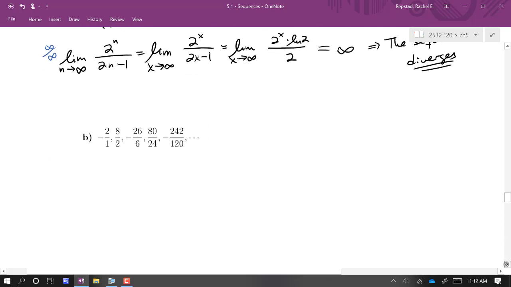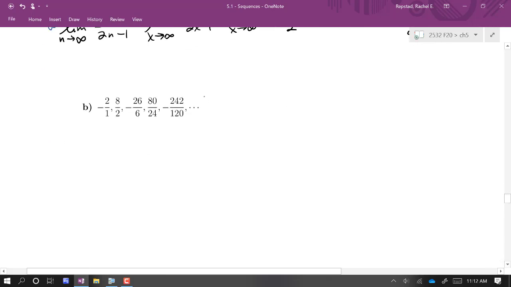Let's try another one. The top one, if you want to have a go at this before I tell you my observations, feel free to pause the video. Up top, we've got values that are all 1 less than a power of 3. On the bottom, these values are all factorials.